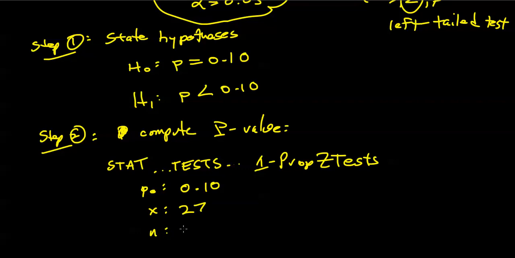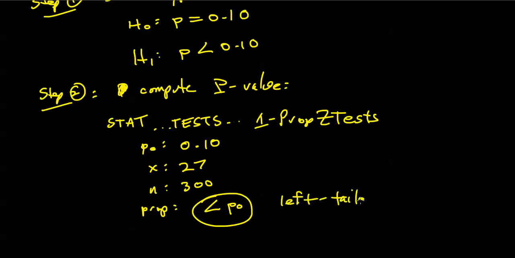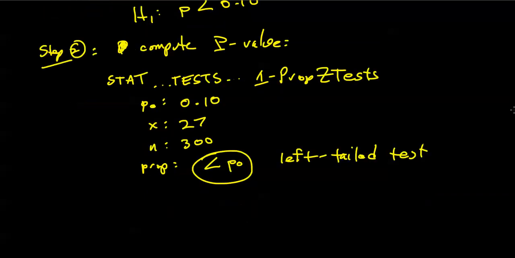Little n we're prompted for, of course the sample size is 300, and we have to pick the right type of test for this proportion test, and of course it's a left-tailed test because the sign in the alternative hypothesis is a less than statement. Write that down, left-tailed test.